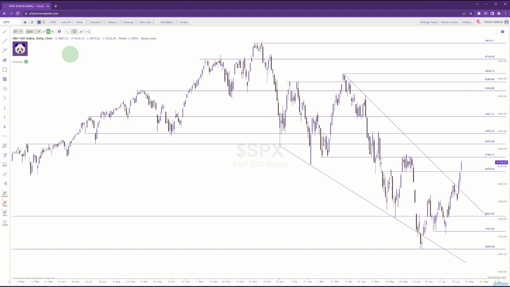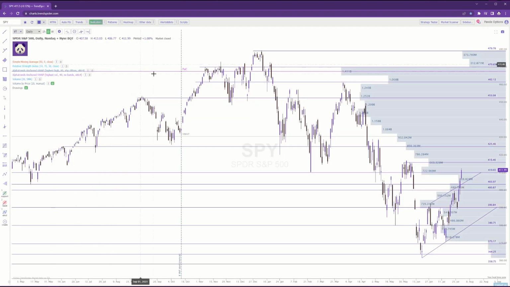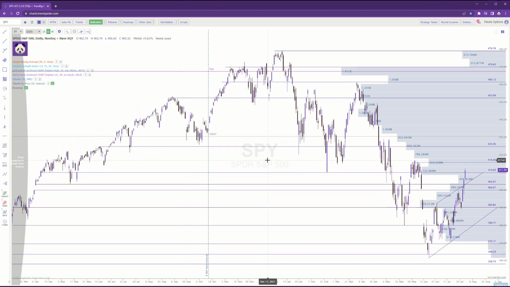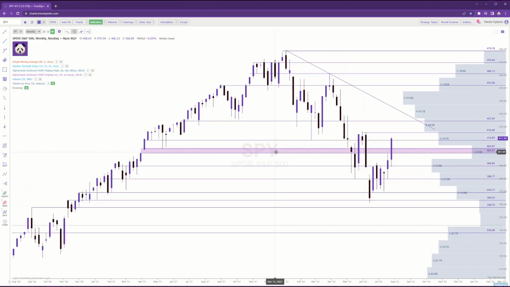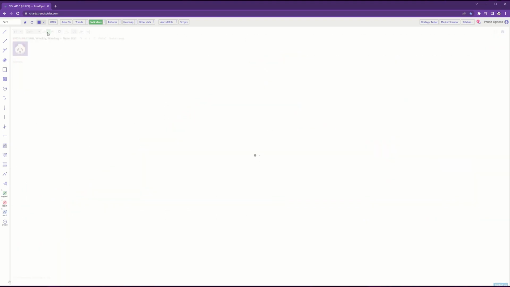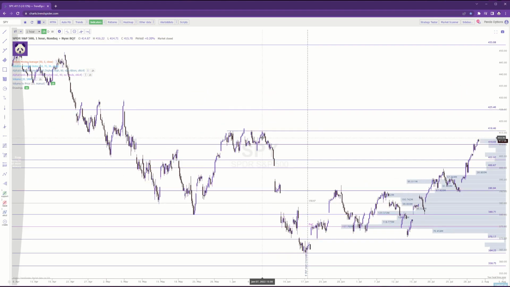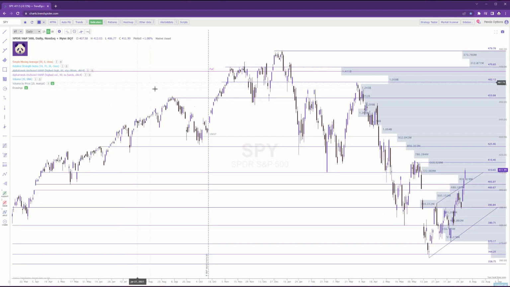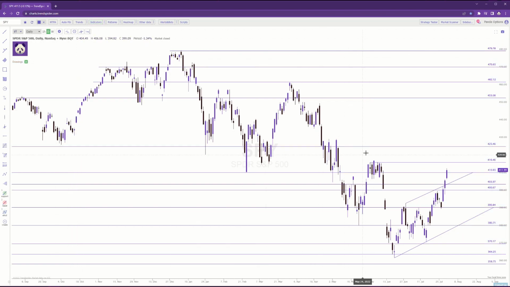I don't use AVWAP or VWAP, no. Something I do use from time to time, I'll have to pull up SPY because SPX doesn't show it, but every once in a while I'll look at the volume shelf. What I've found is it almost always lines up with my levels anyway. I'm able to identify what are important levels, and the reason the levels are important is because they've had the most price action.